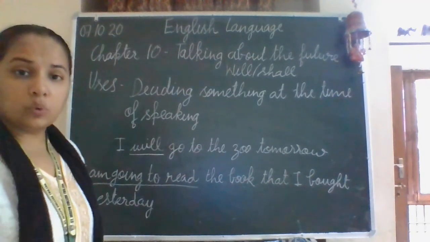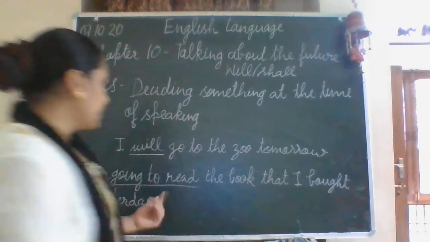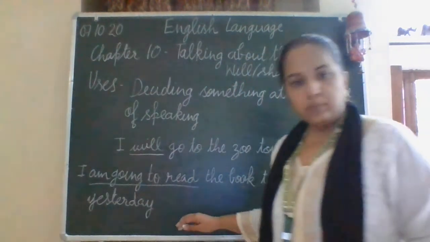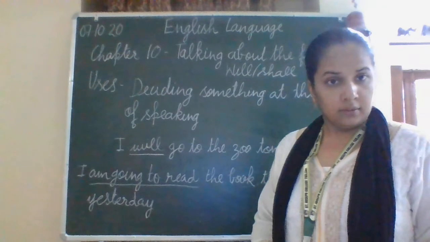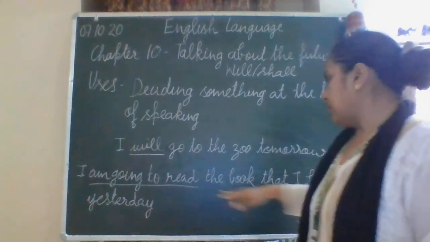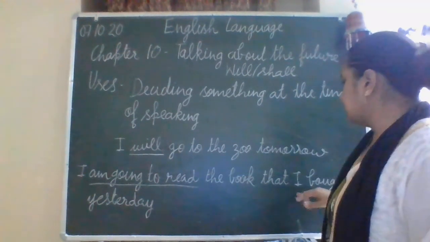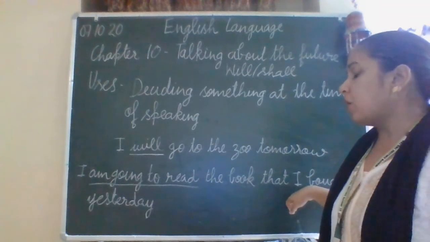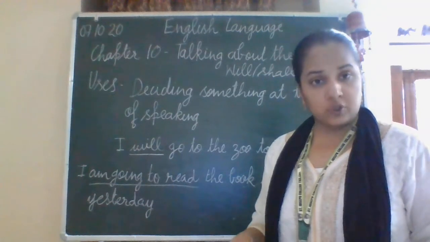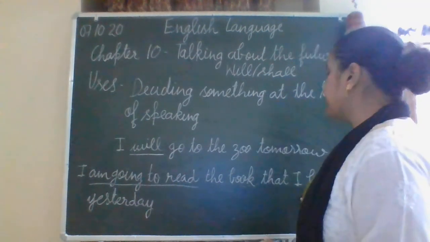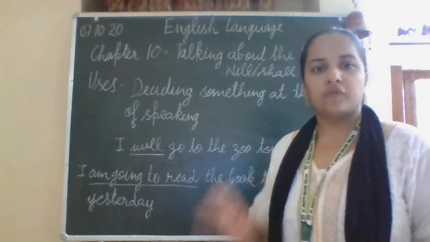Why is this I'm going to read? Because when I bought the book, at the very same time, I already decided that I will read the book. So if you have to say this at the time when you are buying the book, then you can say I'll read this book. But you already bought the book with the purpose of reading it.